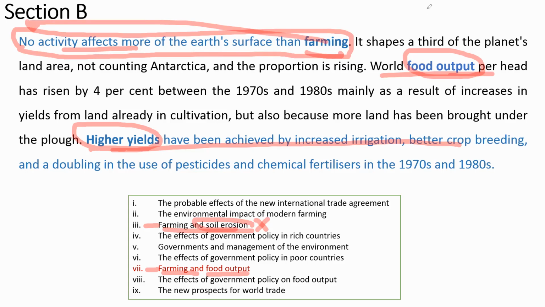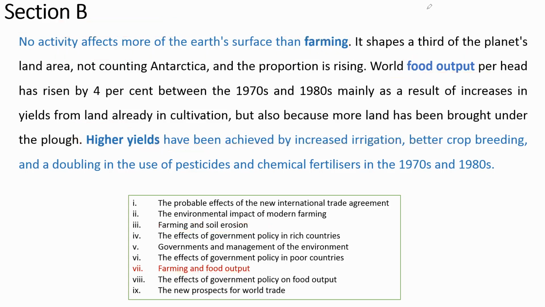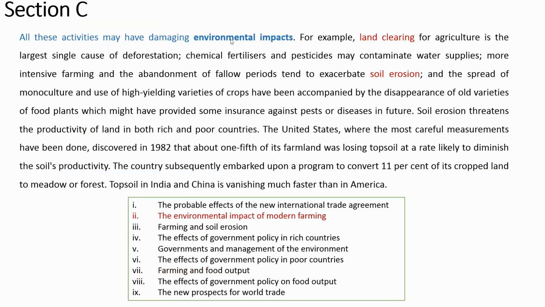In other words, farming is the activity that affects the earth's surface most.